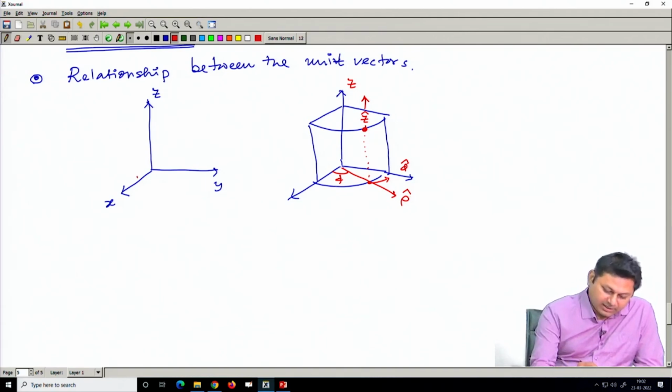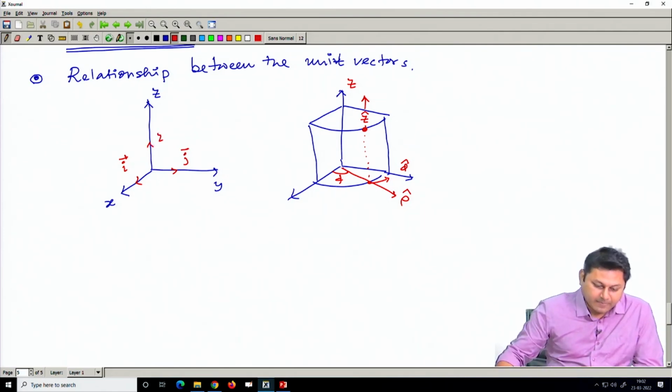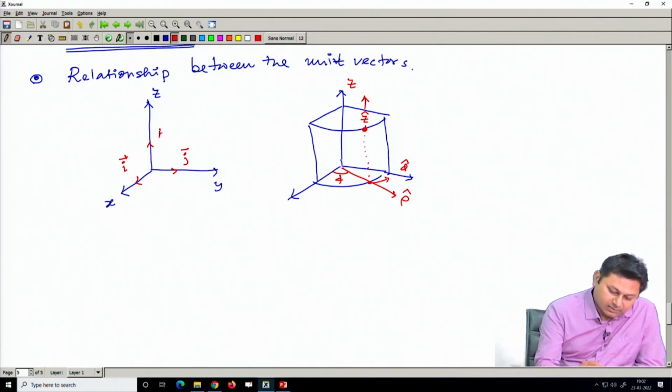In a similar way, in the Cartesian coordinate system, I have the unit vector i here, I have the unit vector along this direction, j, and I have the unit vector in this direction, which is k. That is also well known and very easy to understand.